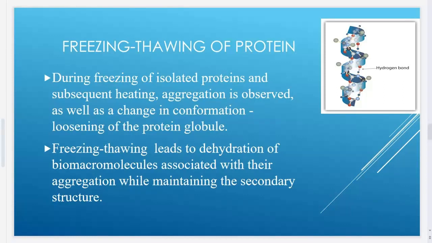During freezing of isolated proteins and subsequent heating, aggregation is observed, as well as a change in conformation, loosening of the protein globule. Freezing and thawing of proteins lead to dehydration of biomolecules associated with their aggregation, while maintaining the secondary structure.